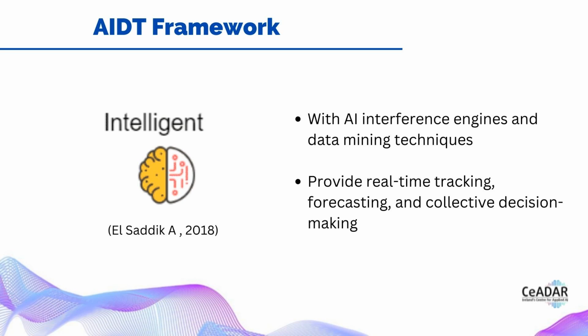The third type of AIDT framework is the intelligent DT. This framework utilizes AI inference engines and data mining technologies to capture qualitative and quantitative information in real time, making it suitable for applications such as healthcare, where the ability to forecast and make real-time decisions is crucial.